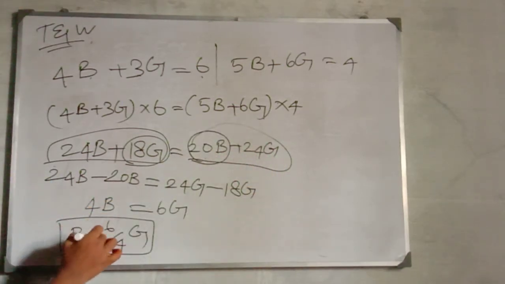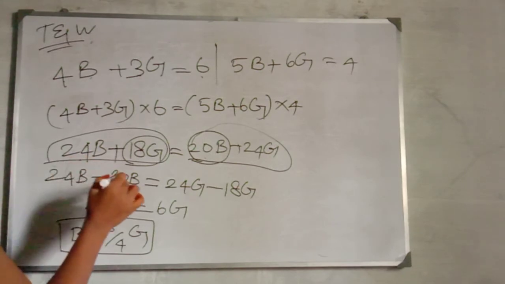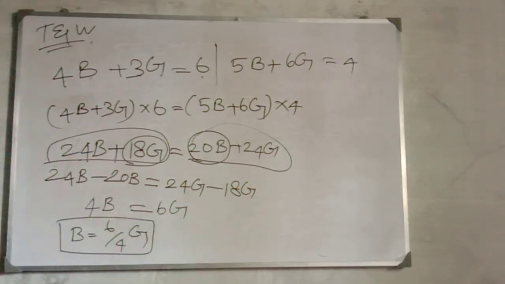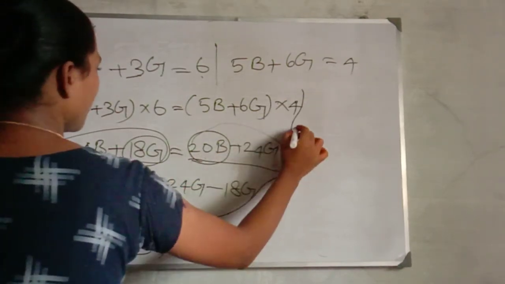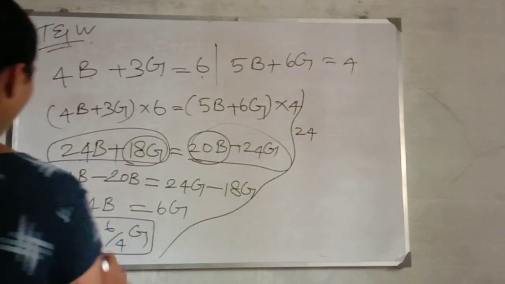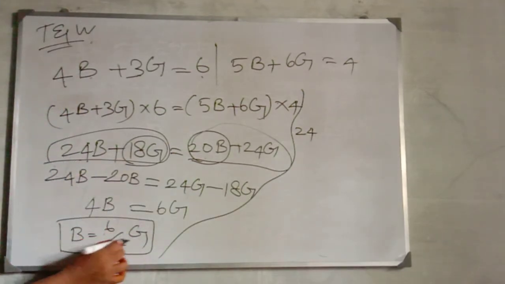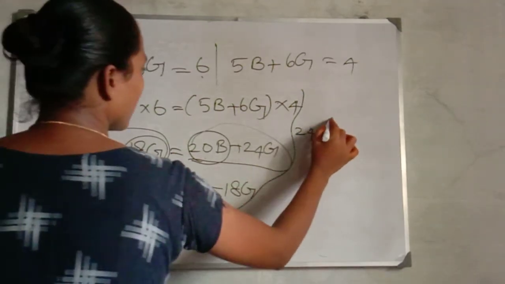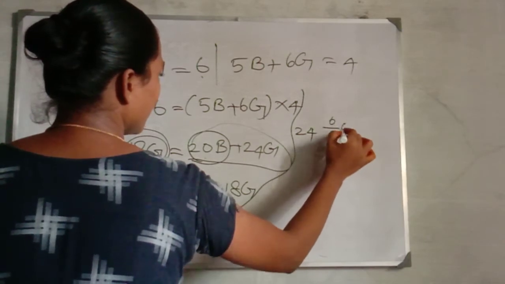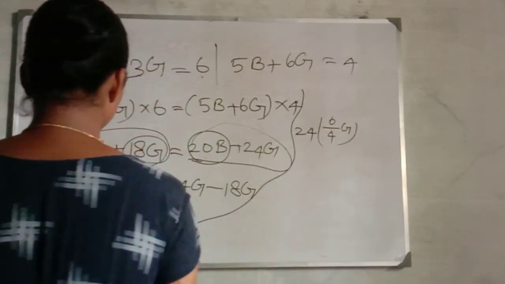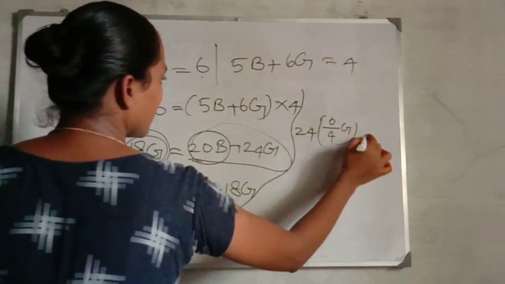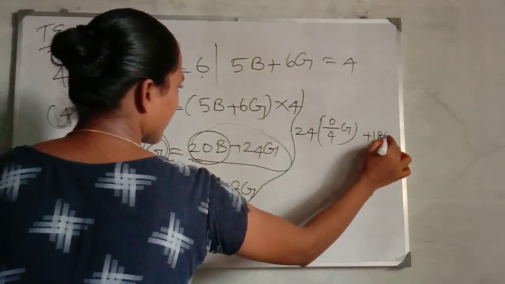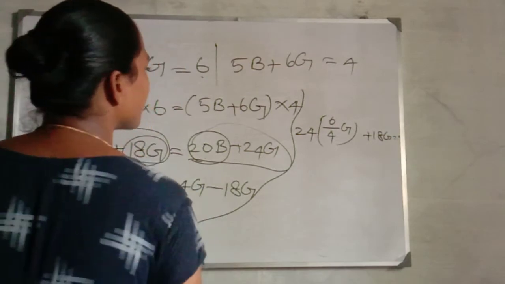Let me apply the b value to this term: 24 times b, where b is 6 by 4g, plus 18g, is equal to what?